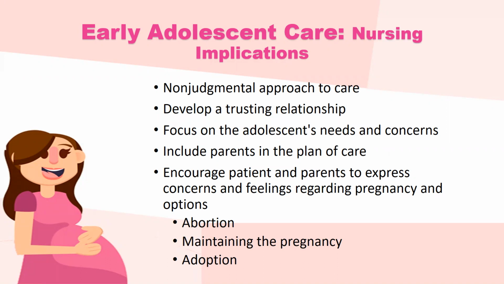Developing their trusting relationship is imperative. We need to focus on their needs and their concerns, and we also include the parents in their care. We also need to discuss options with both the pregnant teenager and the parents, such as abortion, carrying the pregnancy, and adoption.